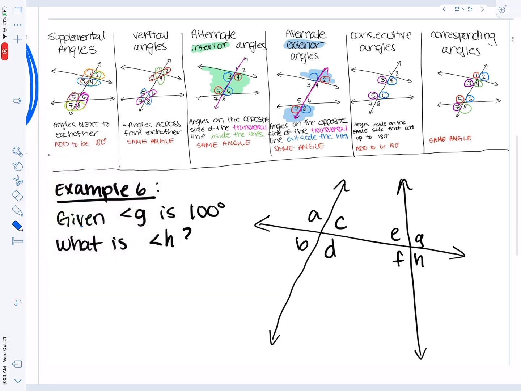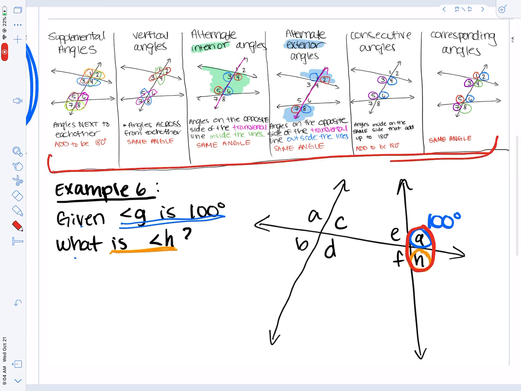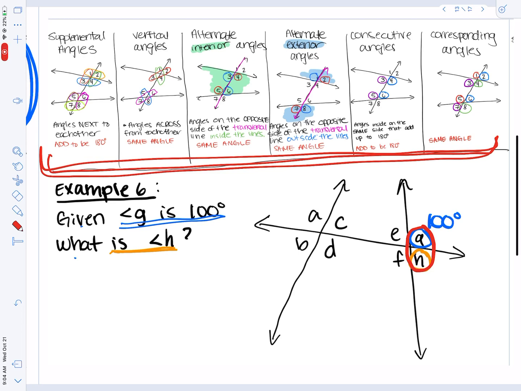Okay, given angle G is 100 degrees, what is angle H? Looking at our rules, we have angle G and angle H right next to each other. Which rule will I use? Very good. The supplementary angle rule.